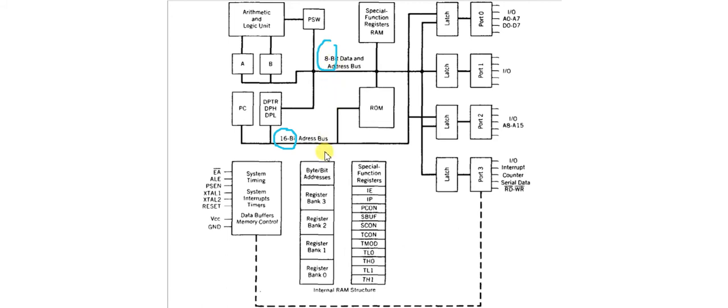Why is it such? In the previous discussion we talked about how this is an 8 bit microcontroller, so at a time it needs to carry 8 bit of data. But why is the address bus 16 bit? I have told you that you can connect a maximum of 64K of memory with this microcontroller.